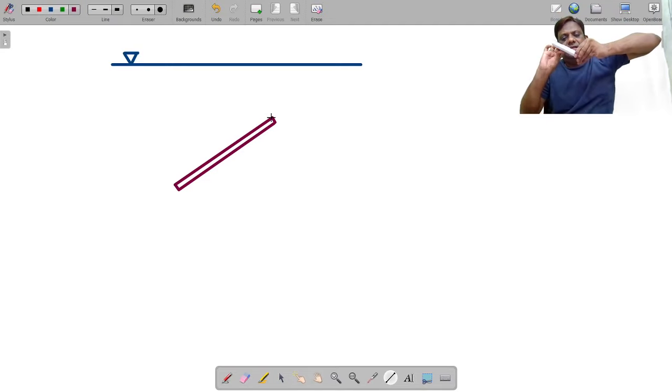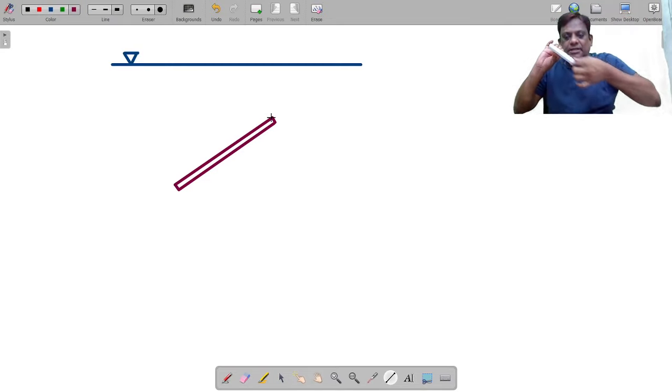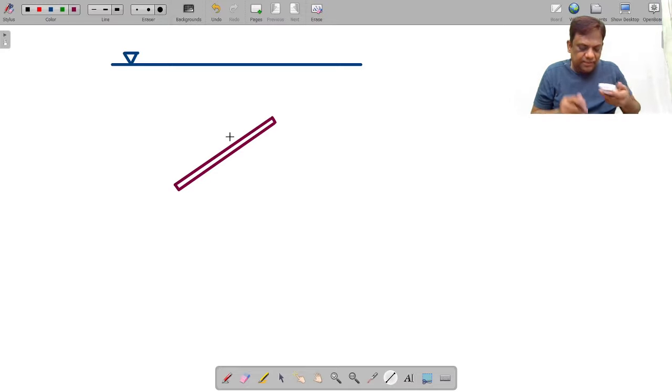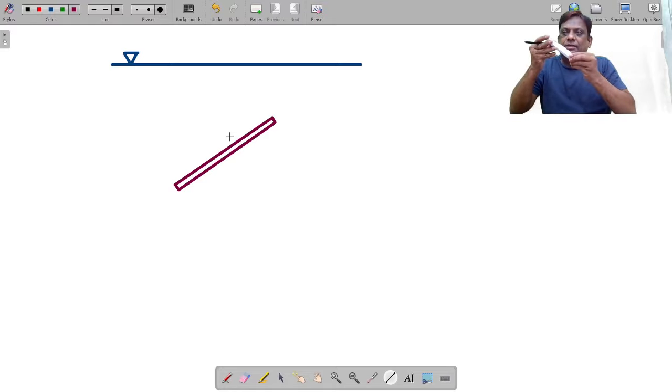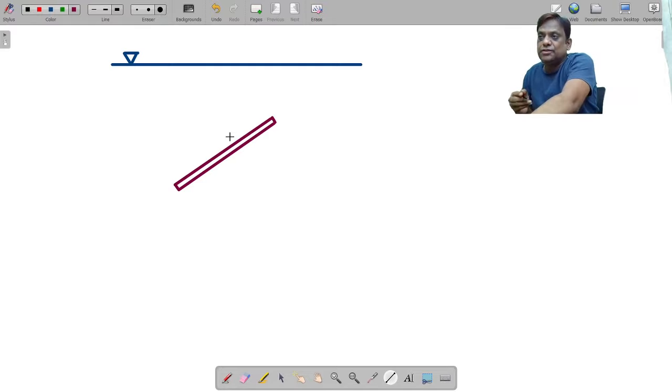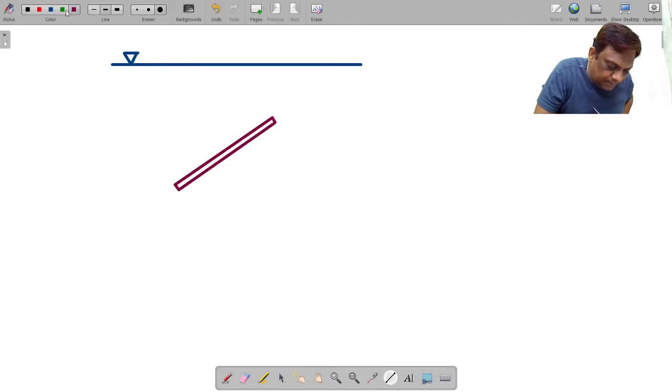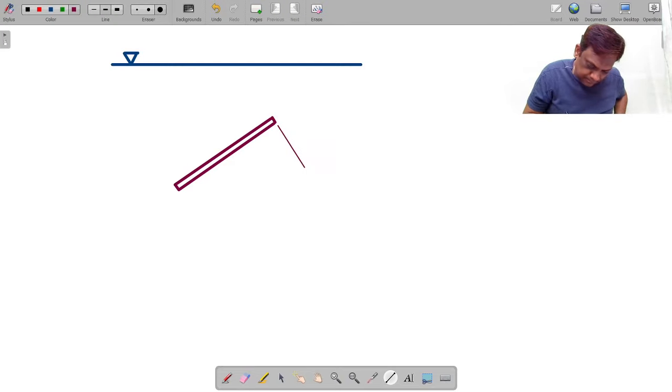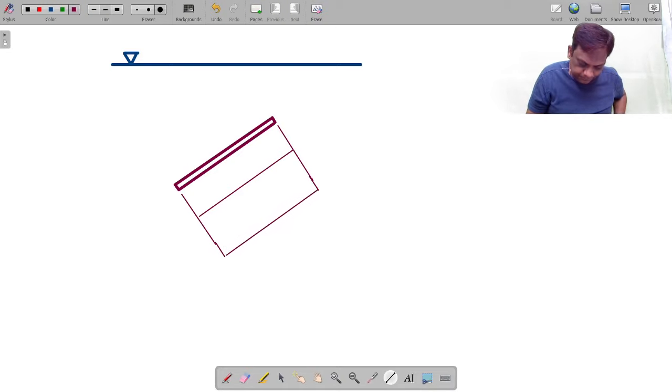You are seeing only this portion which I have shown, but actually it is this one. So if you see the other side, it will be like this. This is our object.